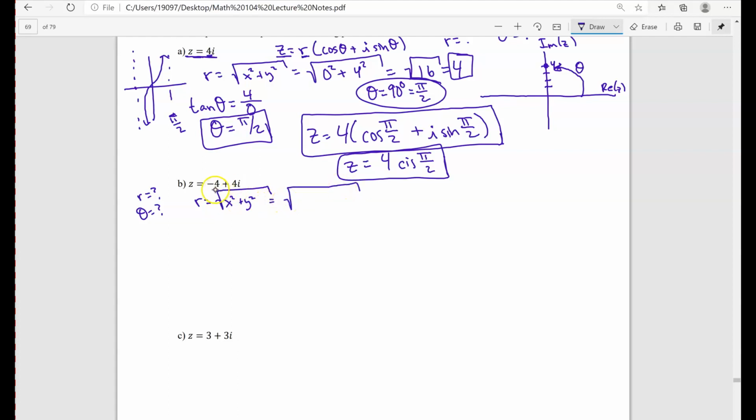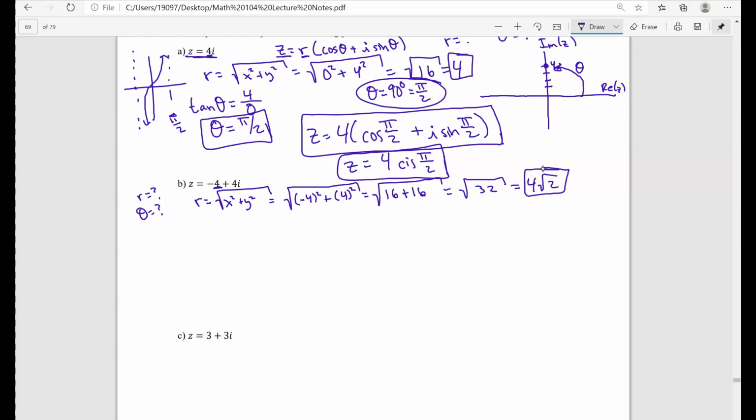Here x is negative 4 and y is 4. So you have the square root of 16 plus 16, which gives me the square root of 32. Taking the square root of 32 gives me 4 square root of 2. So that's the value of r.